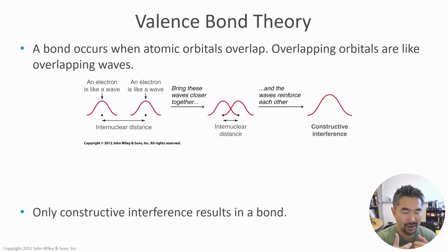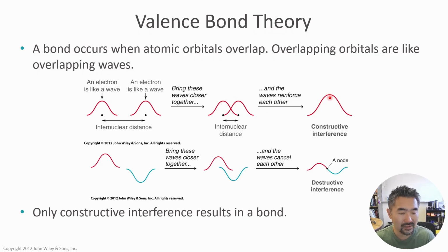If the 2 waves that interact have the exact same phase, they can have constructive interference, meaning the amplitude in the middle increases, whereas if the 2 waves have opposite phases, they cancel each other.